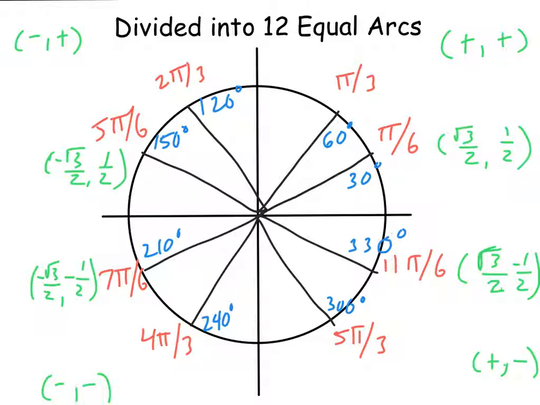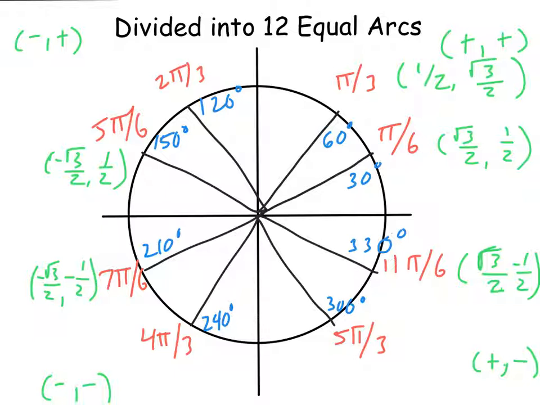Go up to pi over 3, and what happens? It's the same pattern, except the two coordinates are switched. If you went back to that diagram and you looked at a 60-degree angle, you would just see that those two trig values that we found just end up switching from 30 degrees.